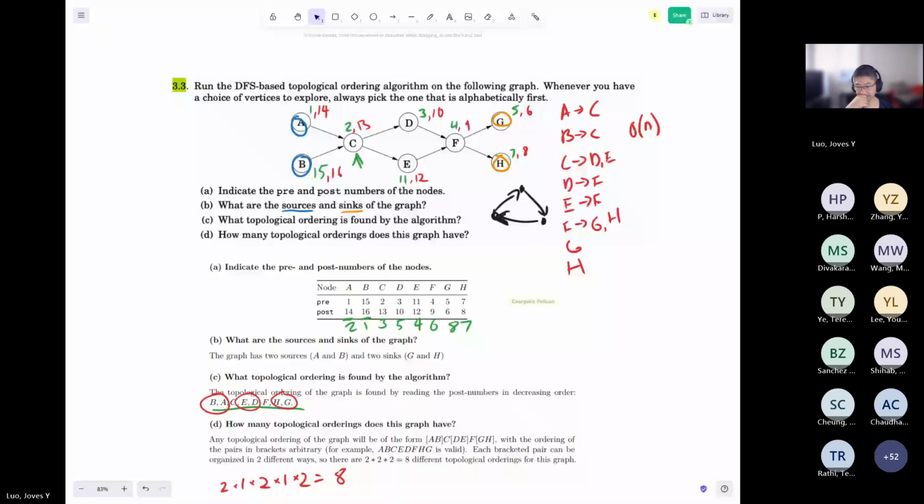Okay. Brianna? Just to clarify, are you saying that even asking how many topological orders exist is something we should not expect in the quizzes or exam? Is it also out of scope? You should understand that a single DAG can have multiple topological orderings, and why that is, and what that can look like.